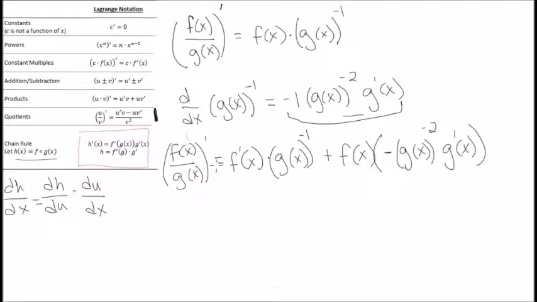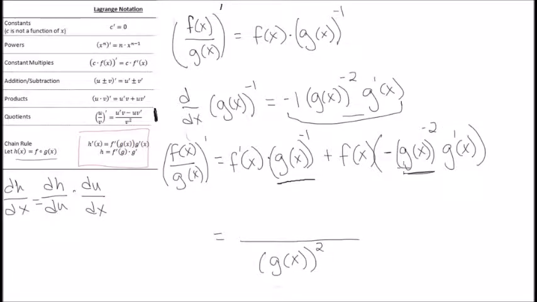So if we simplify this, notice that we have g of x to a negative power in both cases. I'm going to simplify it by going for the highest power, the negative 2. So I'm going to ask, how can I rewrite this with g of x squared on the bottom?